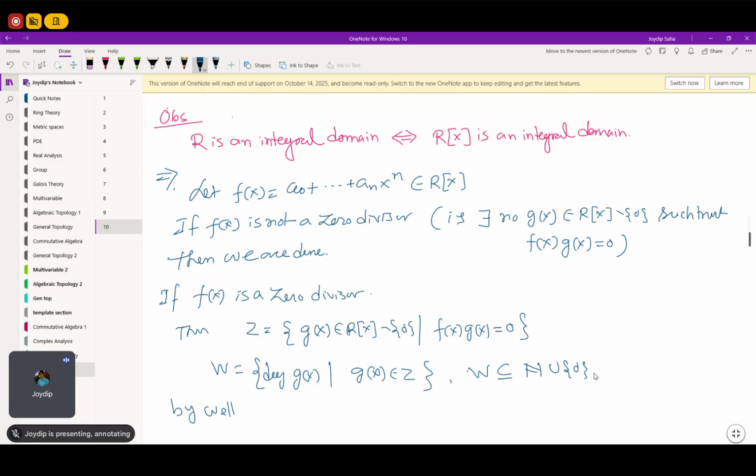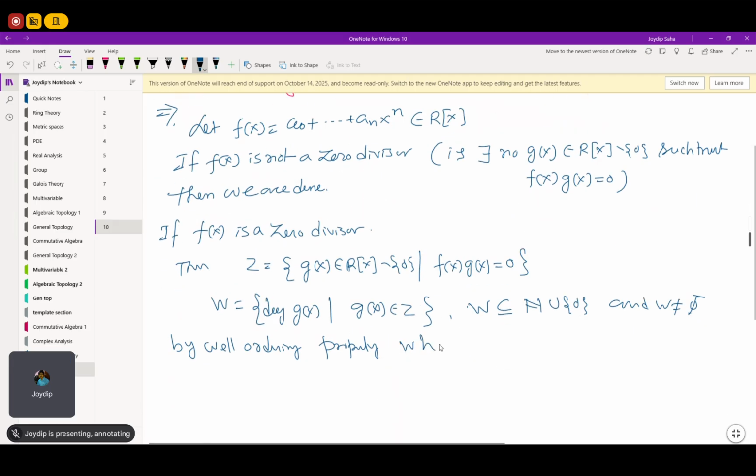So W is non-empty, and by the well ordering property, W has a least element, say M. Let g(x), or better I write h(x), be the corresponding polynomial of degree M.